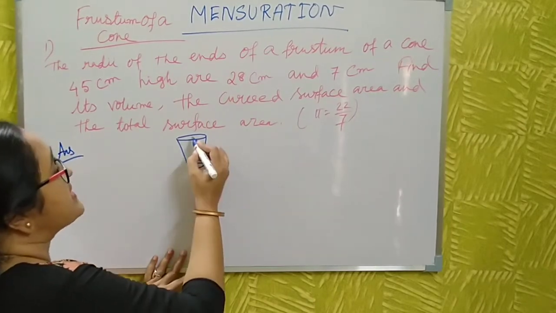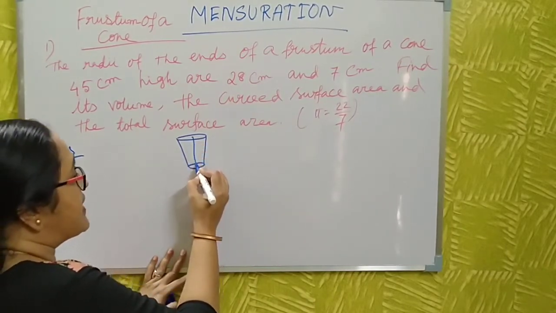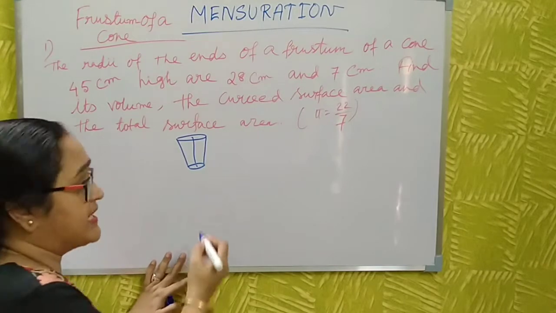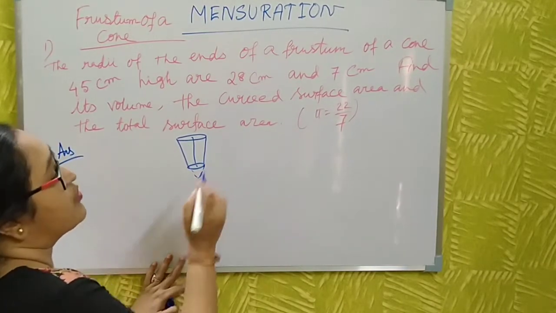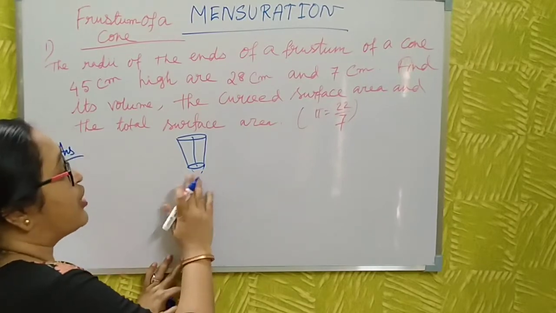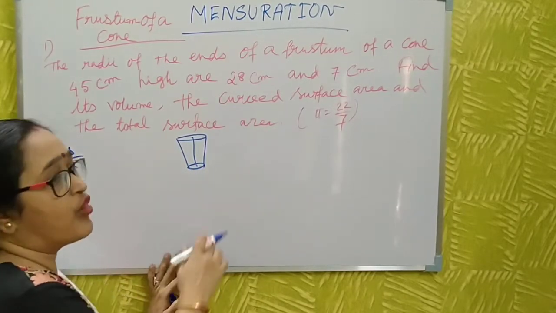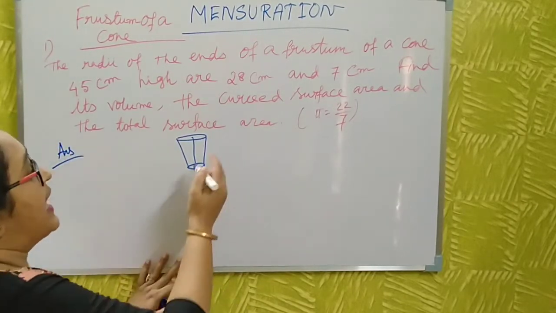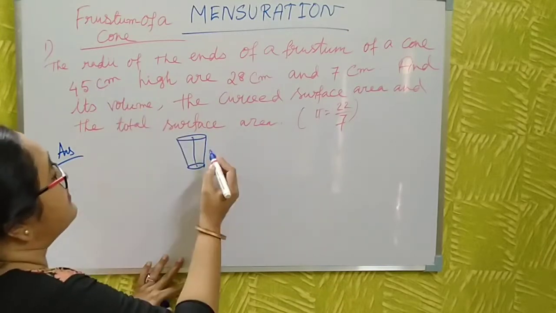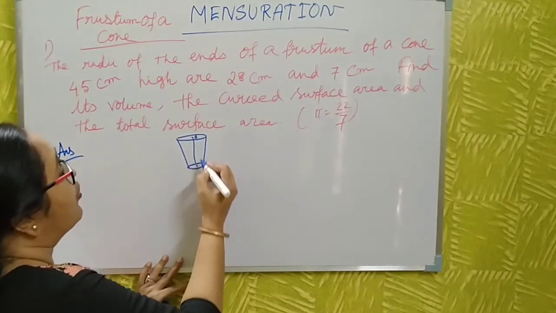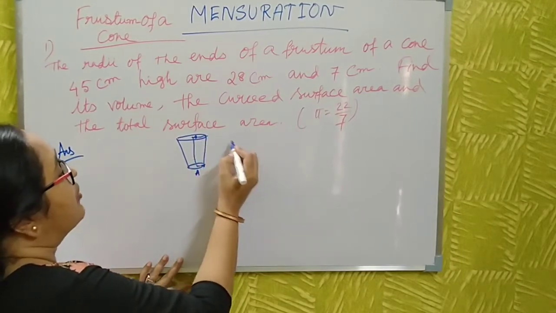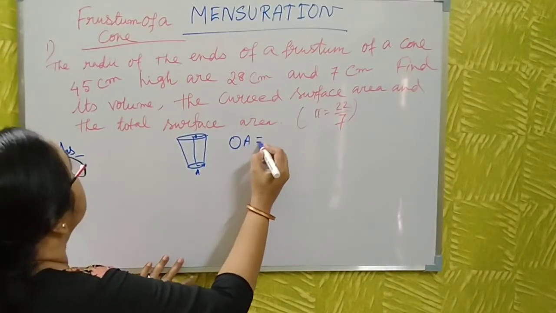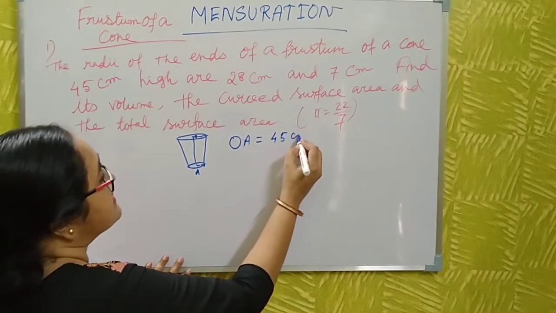Okay, now what is given? The frustum of a cone looks just like this. This is also a cone. There is no need to draw this part; I just draw it for understanding. Now the height is this one, OA, 45 centimeter is given.